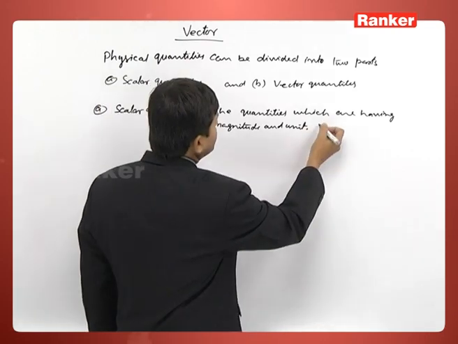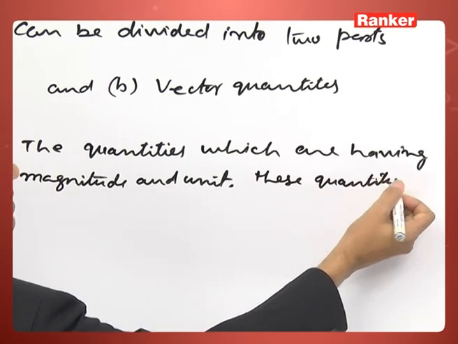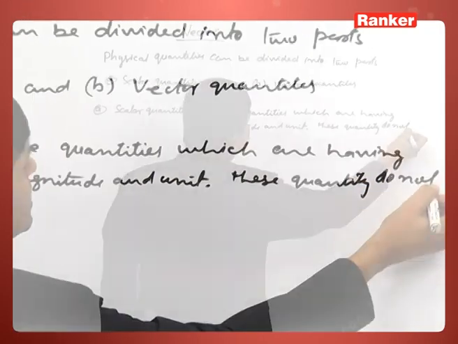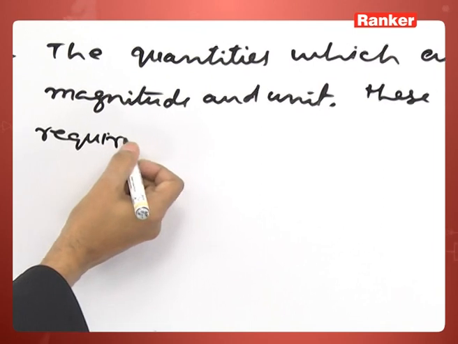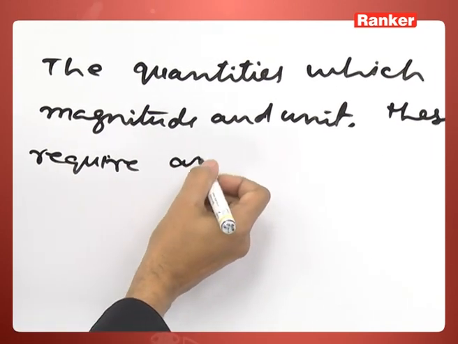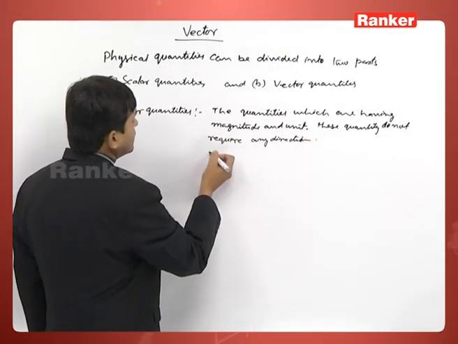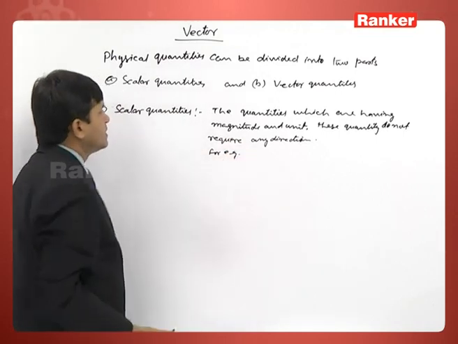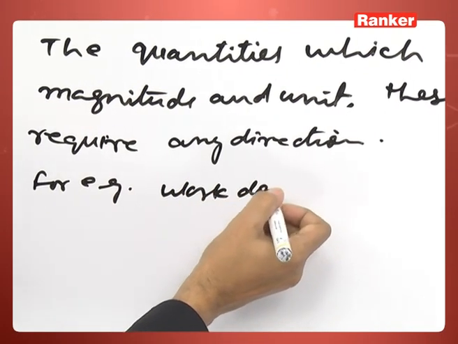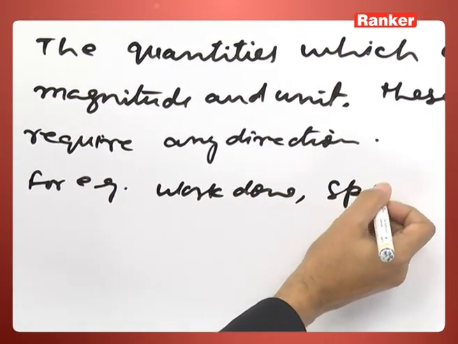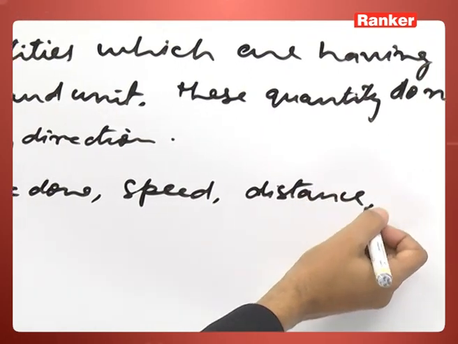These quantities do not require any direction. So, for example, work done. Another example, speed. Another, distance, time, etc.